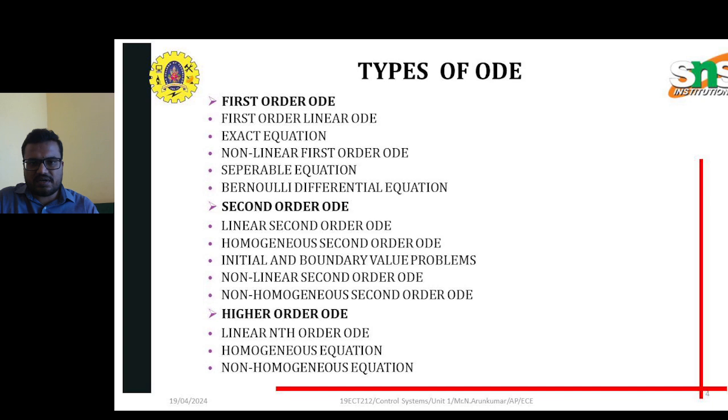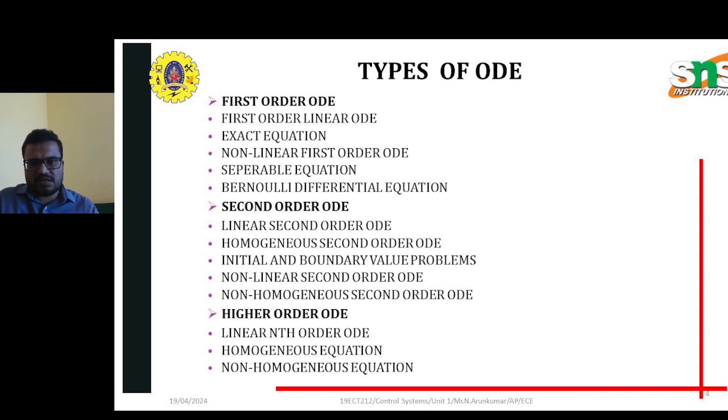Suppose your control system is a second order one, then it has to be matched with the following: linear second order ODE, homogeneous second order ODE, initial and boundary value problems, non-linear second order ODE, non-homogeneous second order ODE.